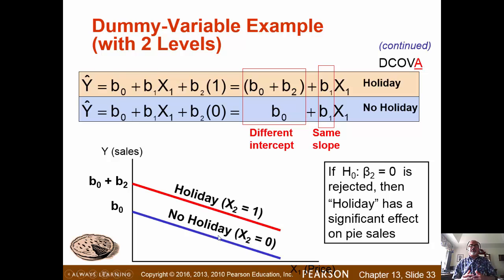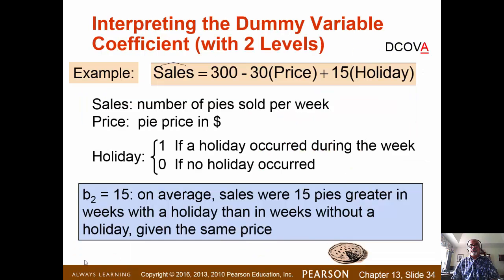So that's what a dummy variable turns out to be when it is for a categorical variable having only 2 possible values. Here is an example of that, weekly sales of pies. You have the coefficient for price and the coefficient for holiday.